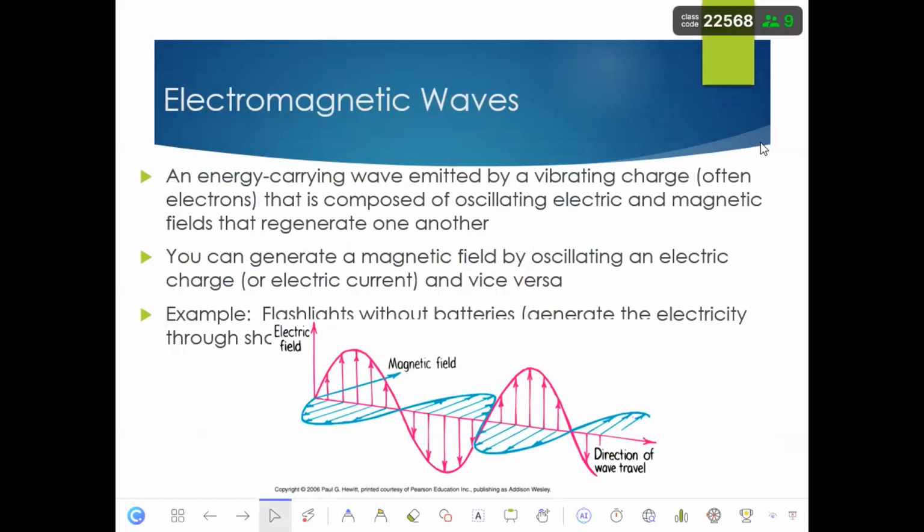You cannot see a charged particle moving up and down. So if it's vibrating, it has not only an electric field but a magnetic field as well. Because it's moving back and forth, the electric field and magnetic field look like a wave.